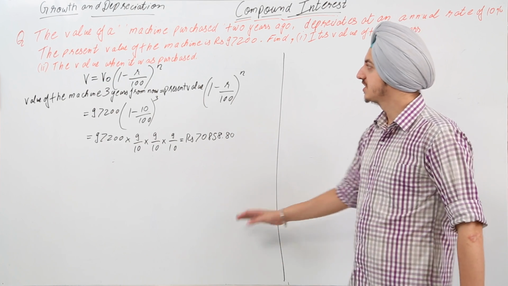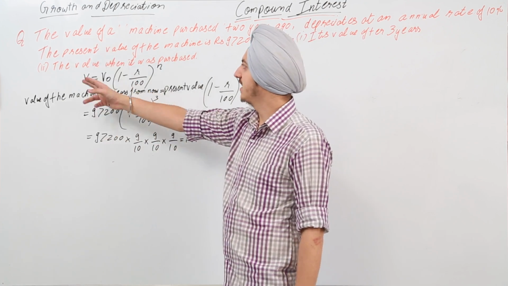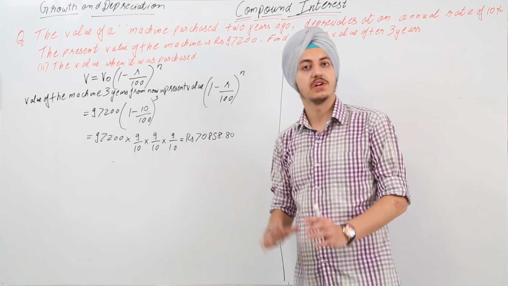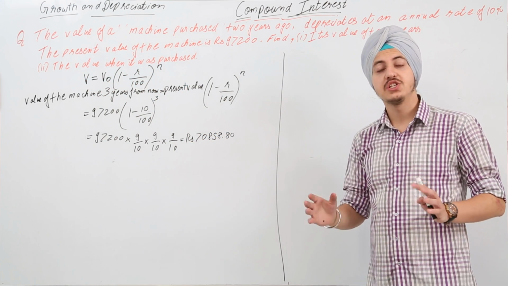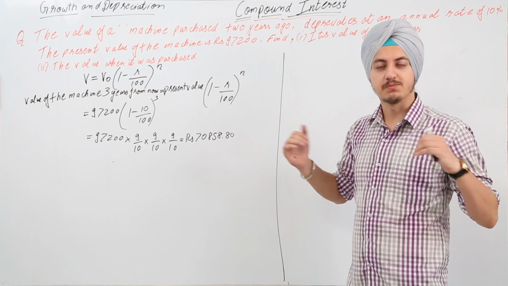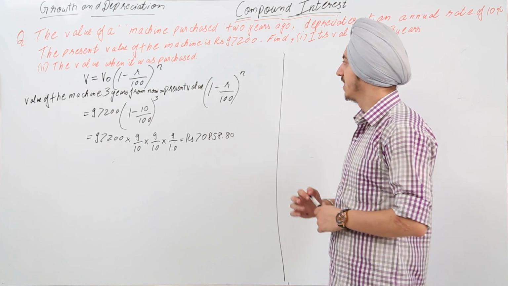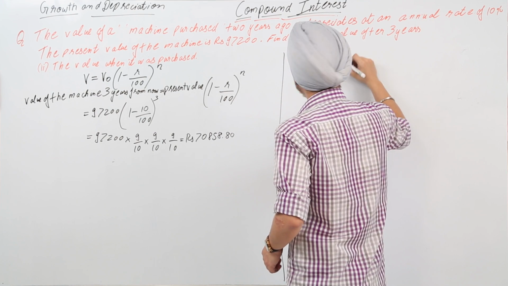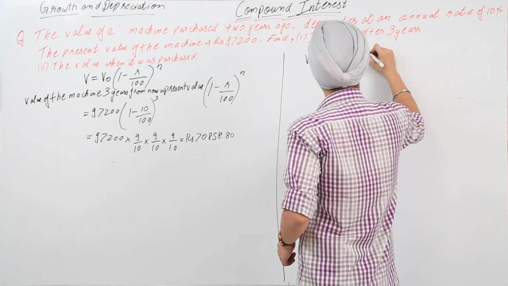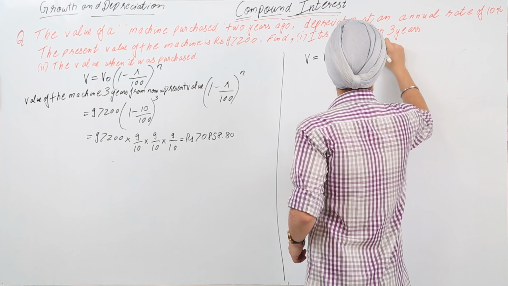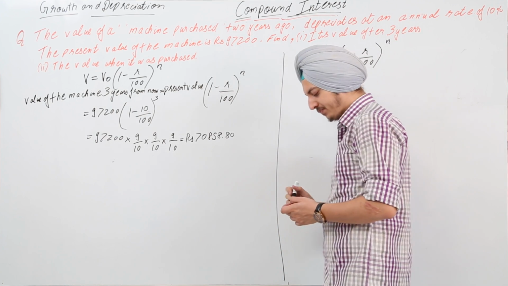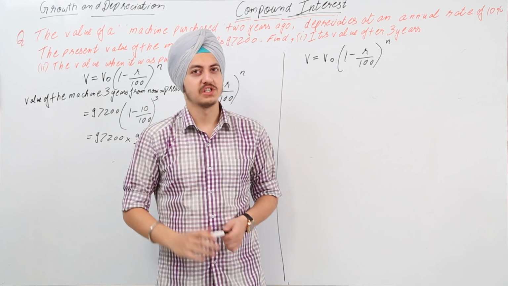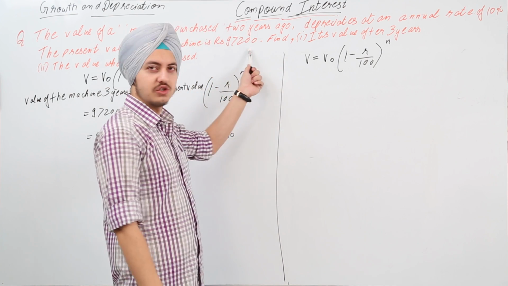Now let's move on to the second part of the question, which says find the value when it was purchased. So we have to find out the initial value of the machine, that means when the machine was purchased. So we again have the formula V is equal to V naught into 1 minus R by 100 raised to power n. Now we know the present value of the machine is 97,200.